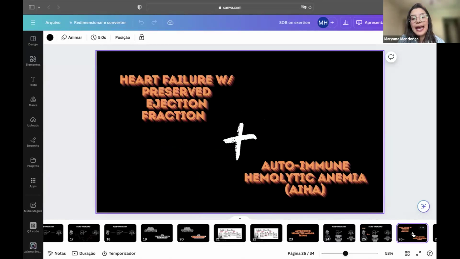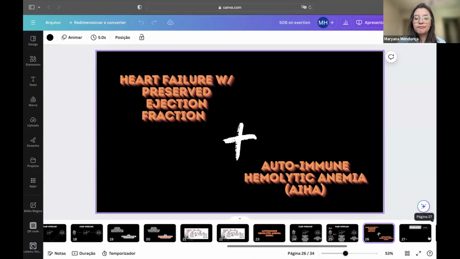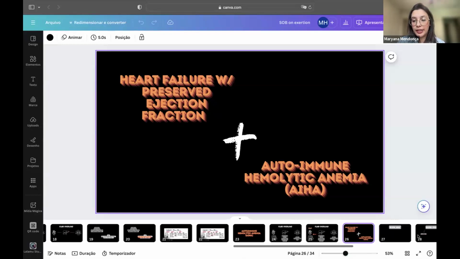anemia. And in order to try to find out what is really going on, we can further assess one of them and try to find out causes for that. And we know that there are a lot of causes for heart failure with preserved ejection fraction. So maybe a better idea would be to further work up the autoimmune hemolytic anemia.